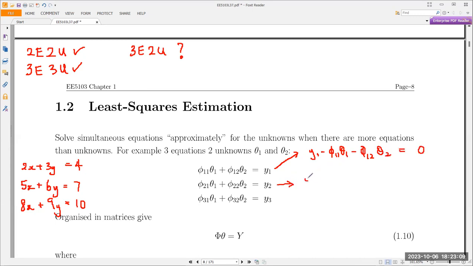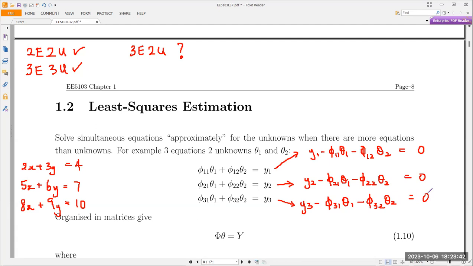Then I rewrite, I get y2 minus phi 2 1 theta 1 minus phi 2 2 theta 2 equals 0. And y3 minus phi 3 1 theta 1 minus phi 3 2 theta 2 equals 0.